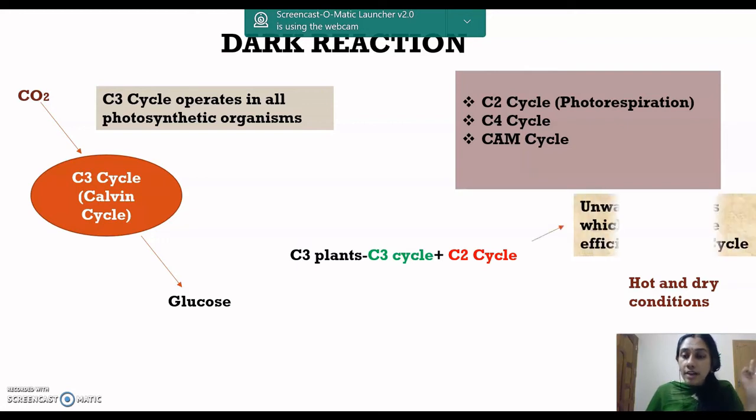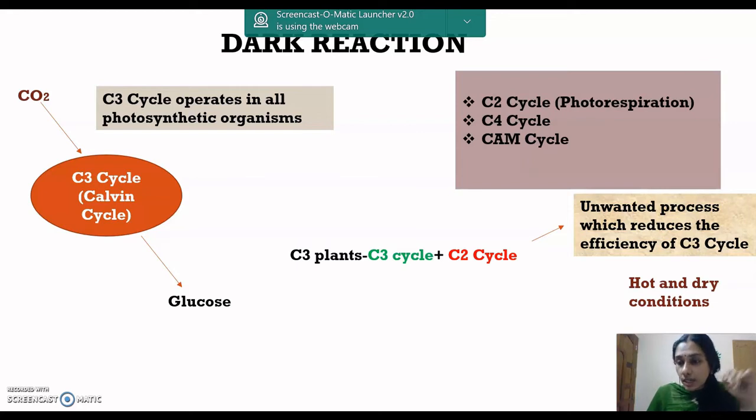It is an unwanted process or waste process which reduces the efficiency of C3 cycle and decreases the photosynthetic productivity.